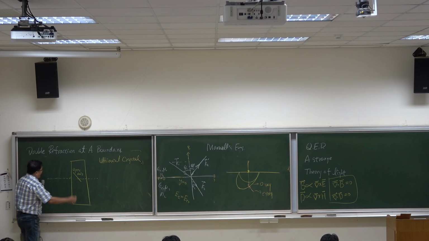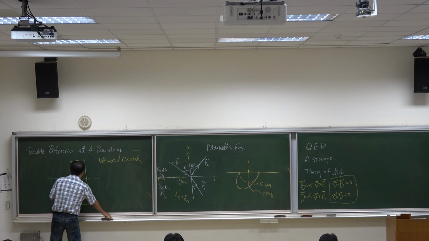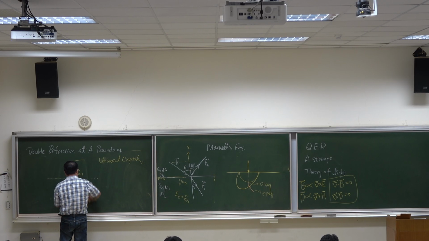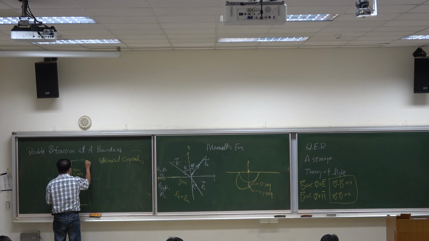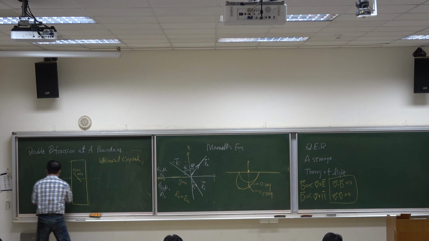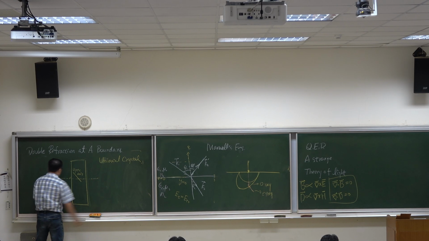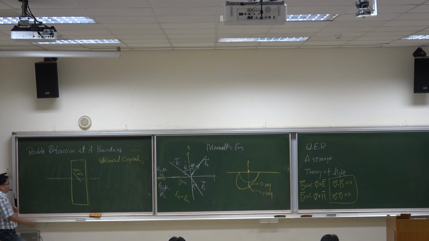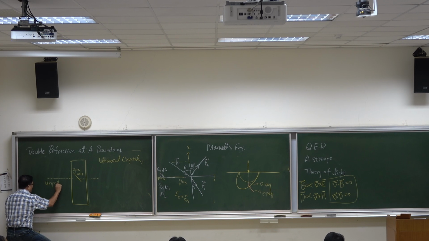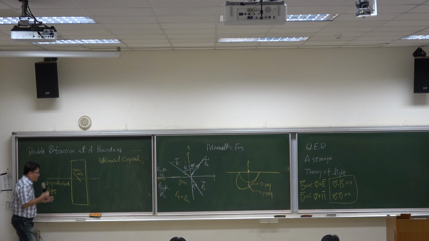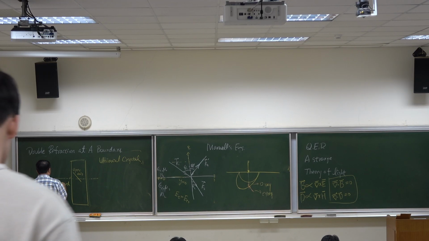Okay, and suppose we send a beam of unpolarized light. Okay. And unpolarized light has two possibilities to be polarized.